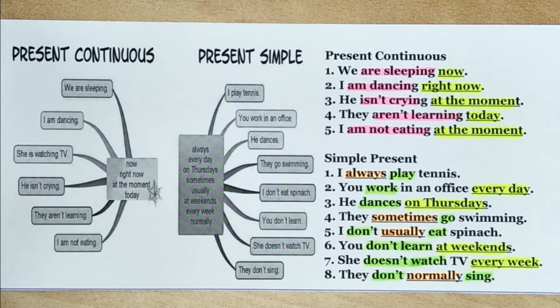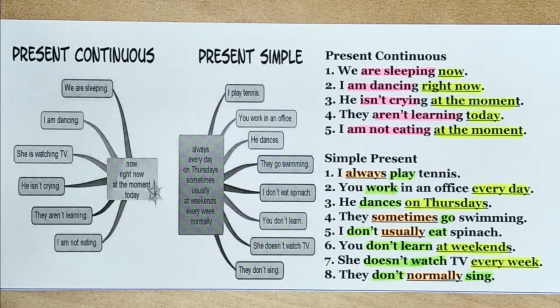All right, let's compare present continuous and simple present. Remember, present continuous has the form be verb plus verb ing. I've colored the be verb and the verb ing pink. I've colored the time elements yellow.